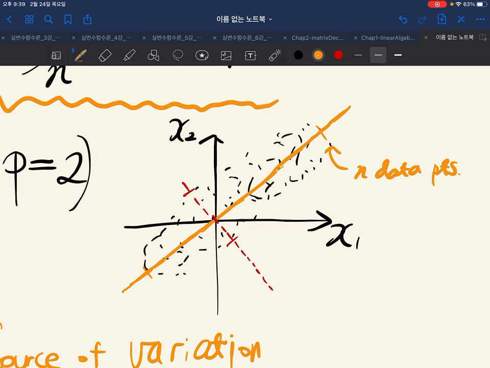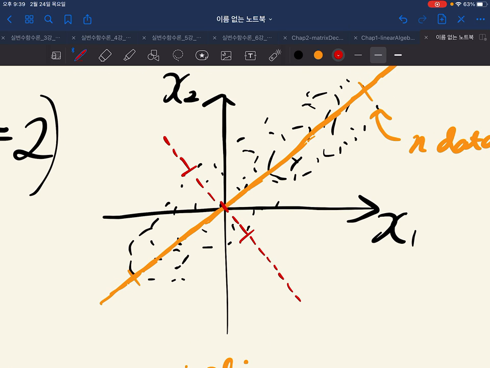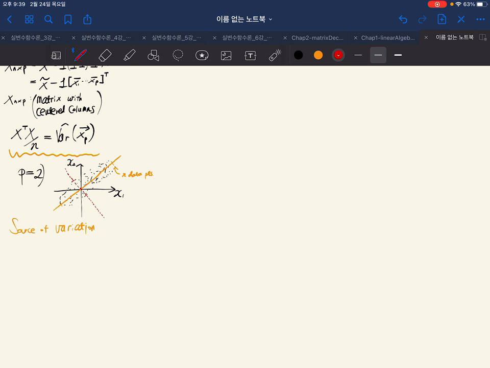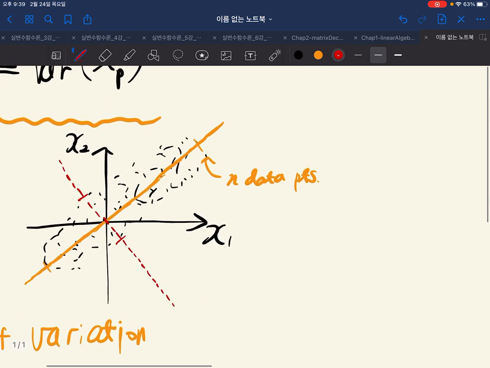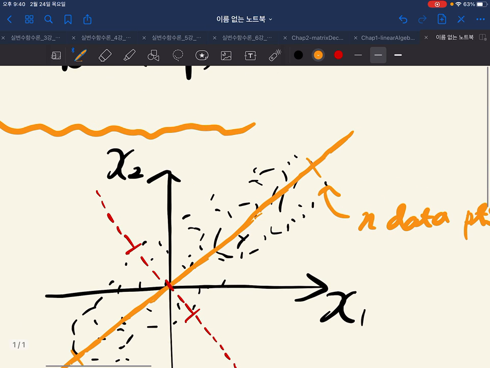So it means that we cannot discriminate between the data points using the coordinate projected onto the second principal component, which is in the direction of this red dotted line. So what we want to do is to find a direction which explains the most variance of the data points.